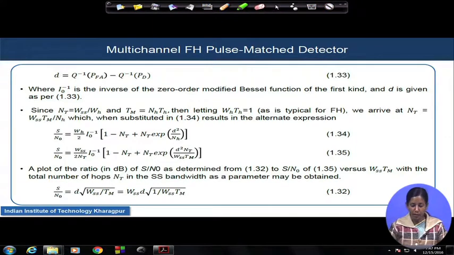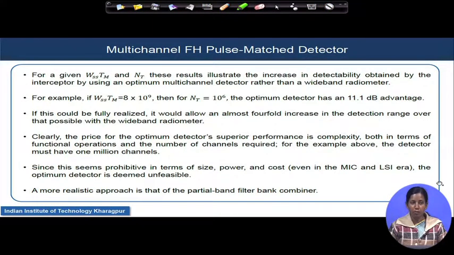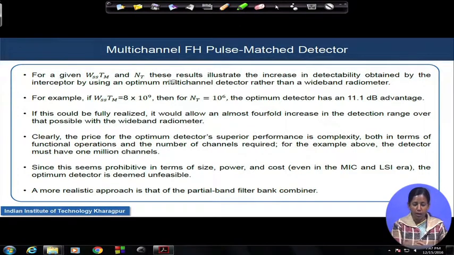Once we obtain that, certain results are observed, which I have listed here. For a given WSS and Tm, that is the time bandwidth product, and the number of hops that you are having, we can see an increase in the detectability compared to the optimum multi-channel detectors.